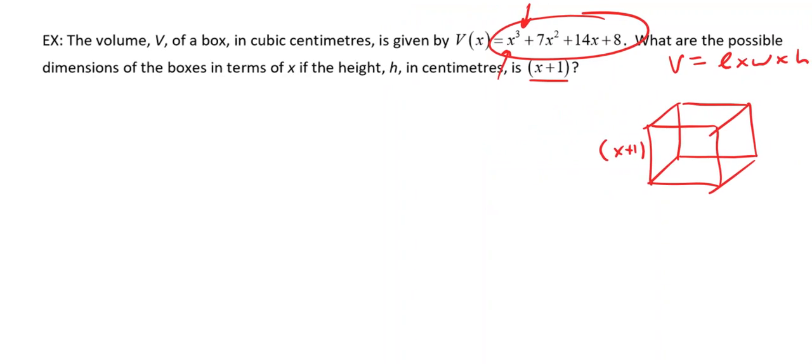divide this. So let's divide this by x plus 1 and see what we get. So let's do the same thing as before. x to the 3 plus 7x squared plus 14x plus 8. And we're going to divide that by x plus 1.